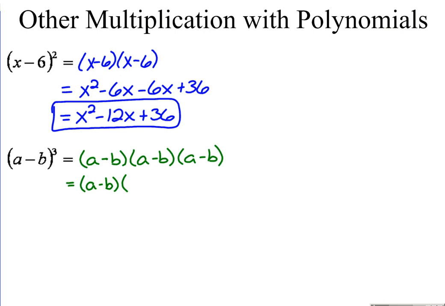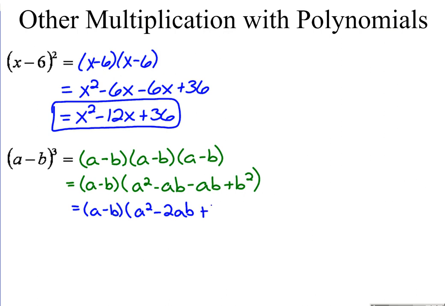First, A times A. Outer, A times negative B. Inner, A times negative B. Last, negative B times negative B is B squared. Simplify. So like terms where I just foiled out, we get A squared minus 2AB plus B squared.